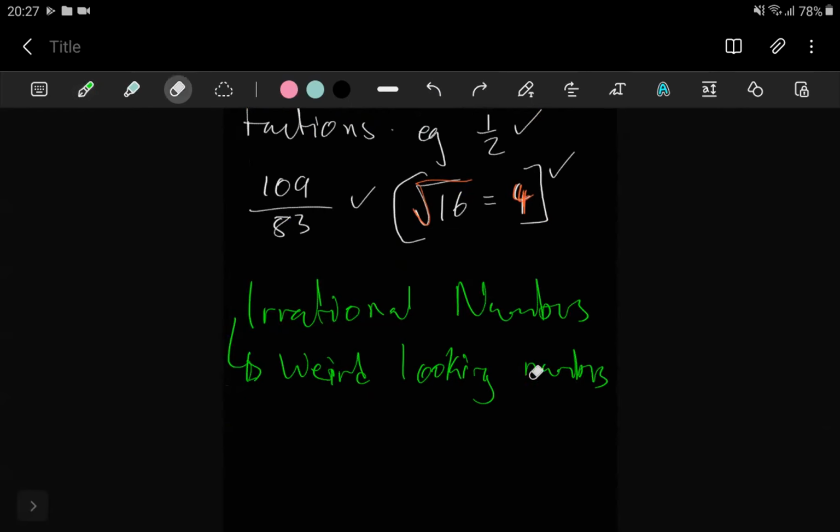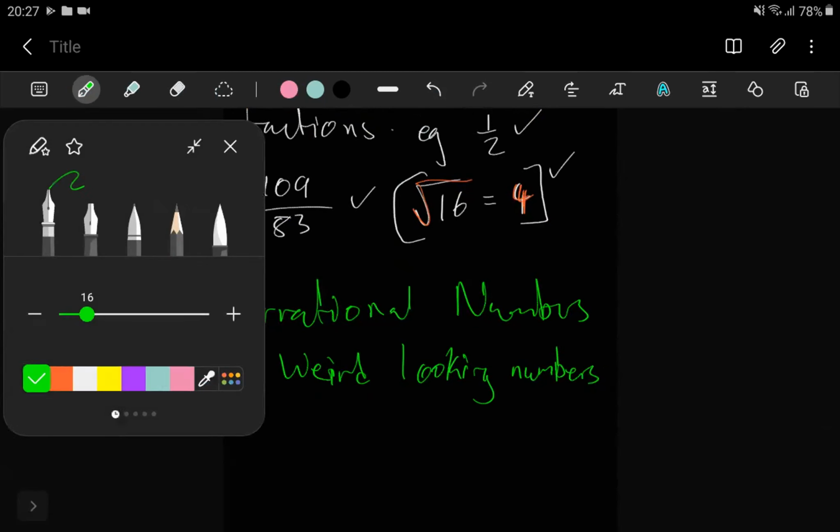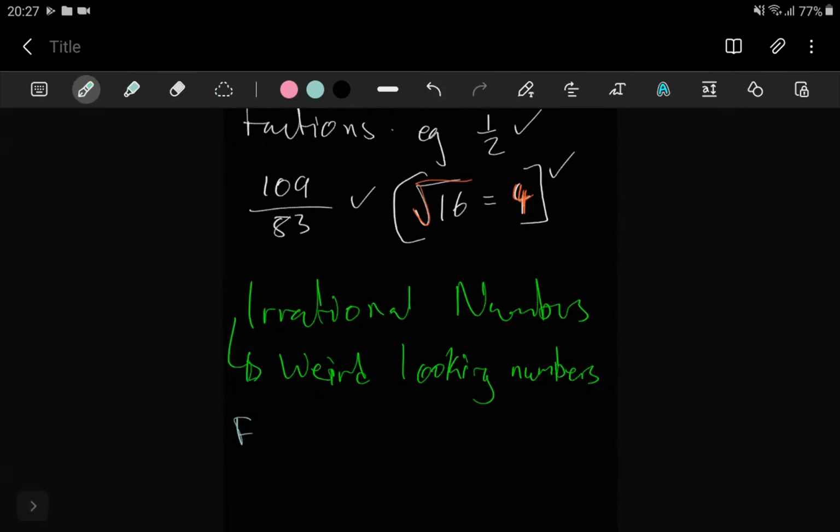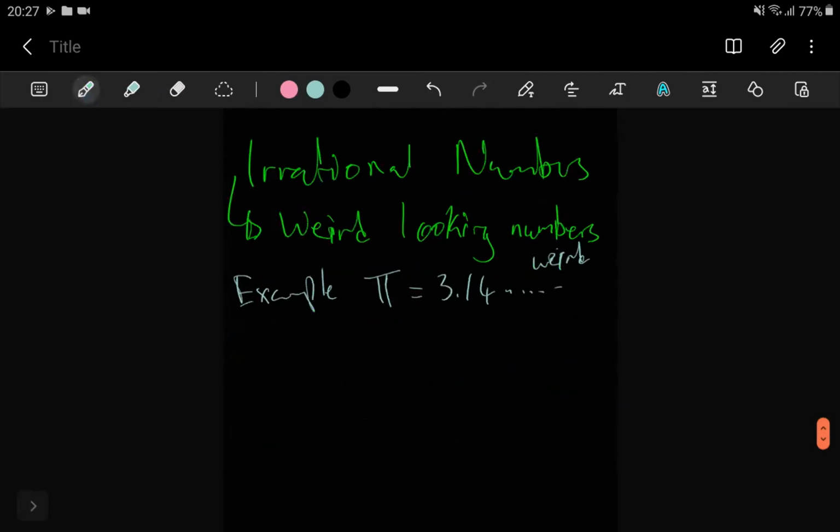Let me just write here a bit better. It's just weird looking numbers. An example of those is something like pi. The reason why this is a weird looking number is, look, 3.14, blah, blah, blah. It's weird. It just goes on forever. Of course, that's weird. So that's why we can classify it as irrational.